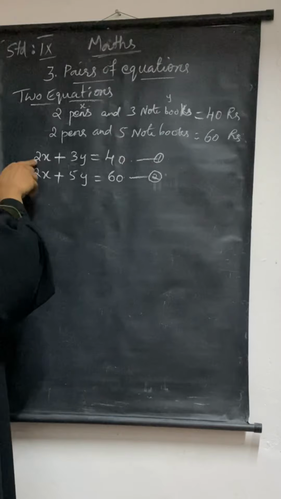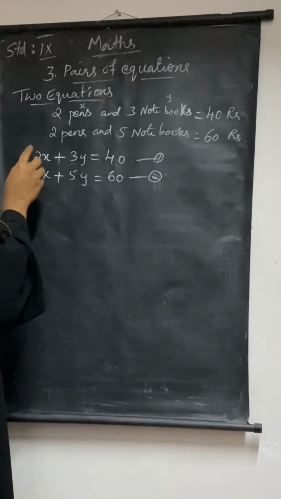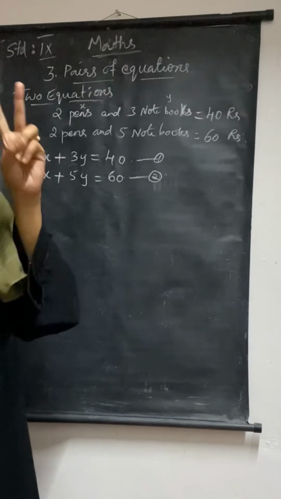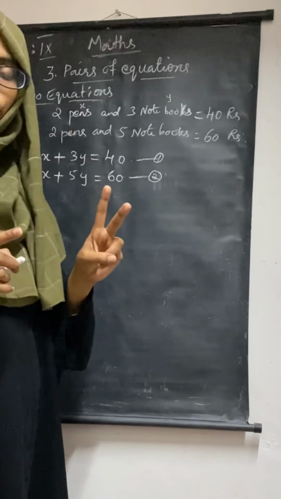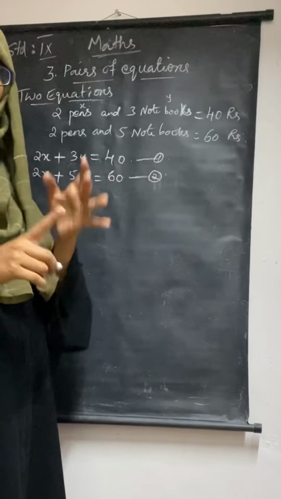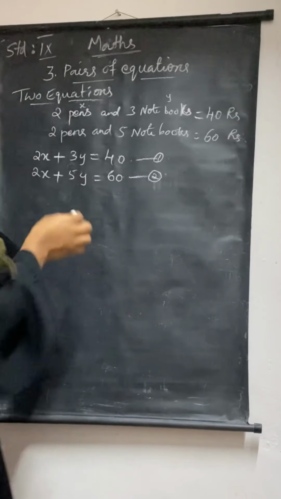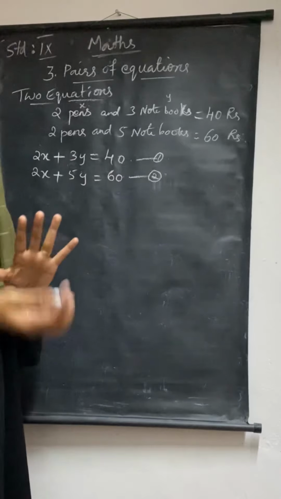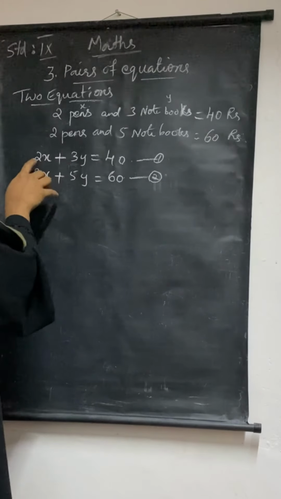But x is the same, 2x and 2x, so I can make it 0. So first keep in mind: if you have two equations, you have to make one of the variables, x or y, 0 so that you can find the answer for the other variable.